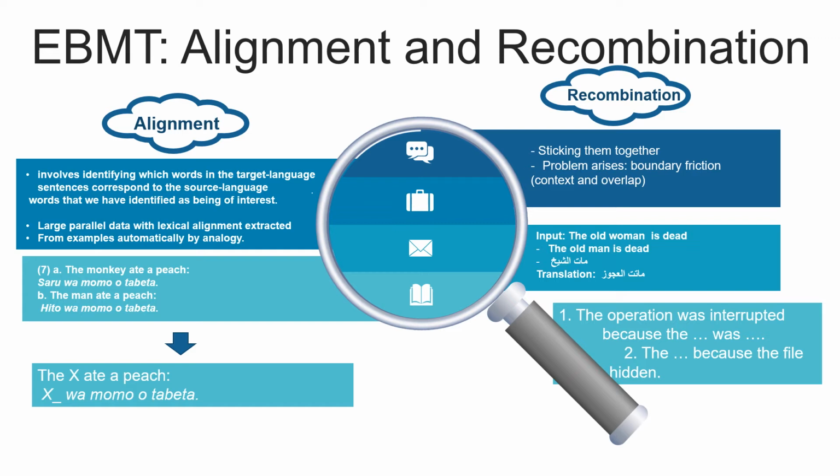Like in the example, "the operation was interrupted because the blank was blank." The second option is D, so we have an overlap in the use of the words "the" and "because."